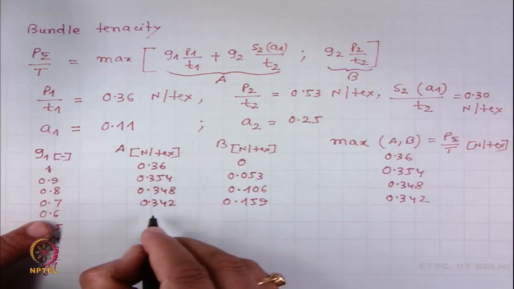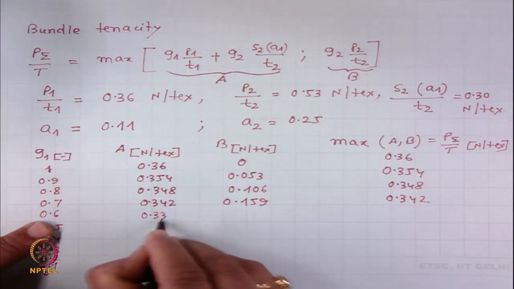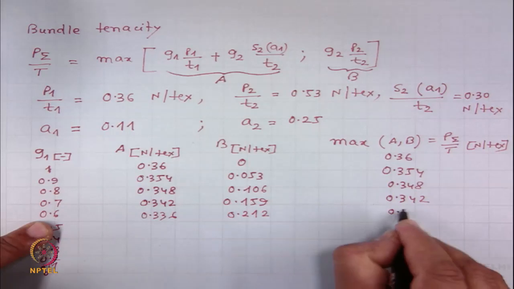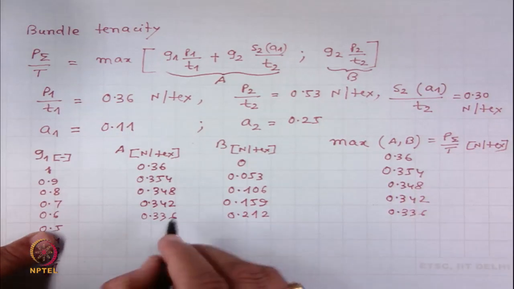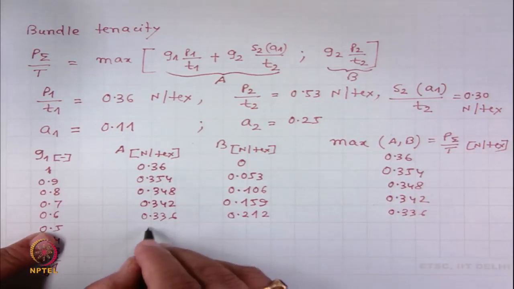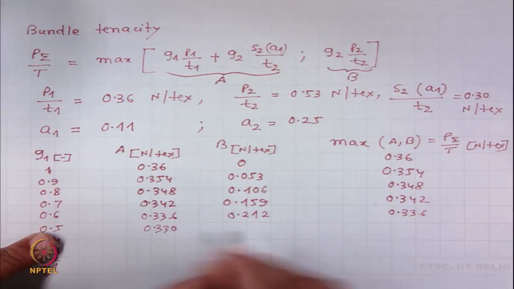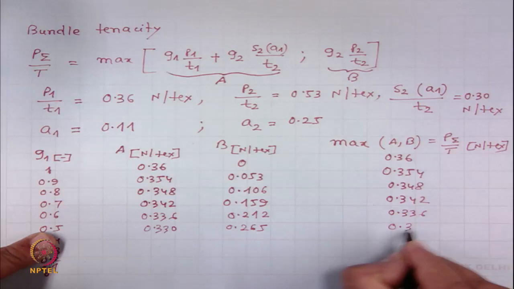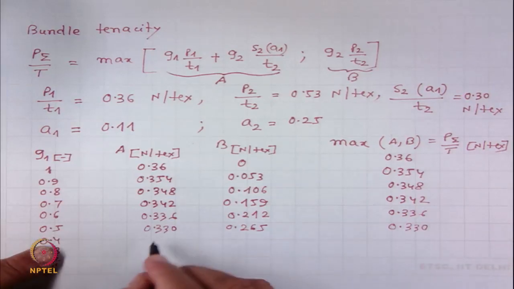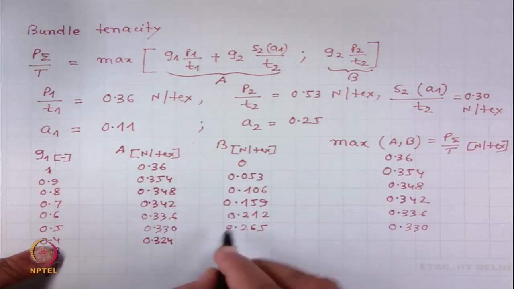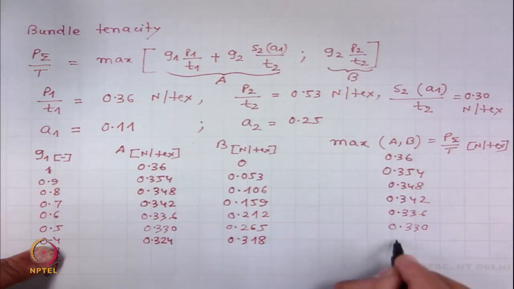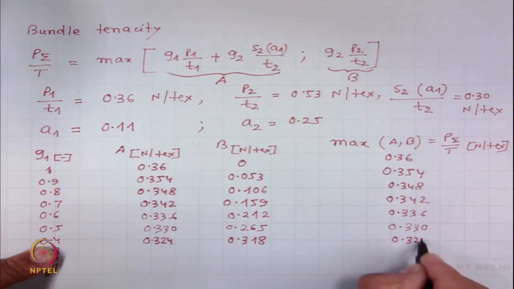At 0.6 it will be 0.336, this will be 0.212, what is maximum? 0.336. At 0.5 it will be 0.330, this will be 0.265, what is maximum? 0.330. At 0.4 this value will be 0.324 and this value will be 0.318, maximum is 0.324.